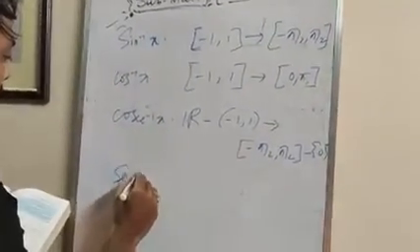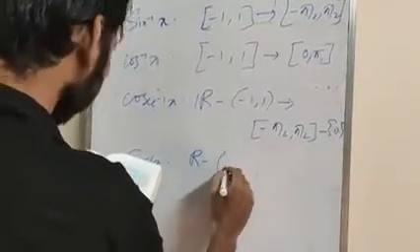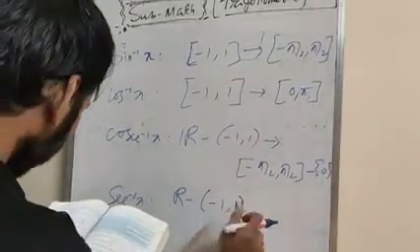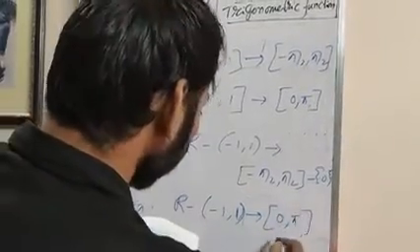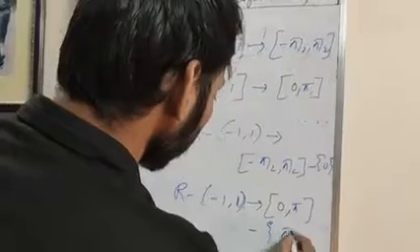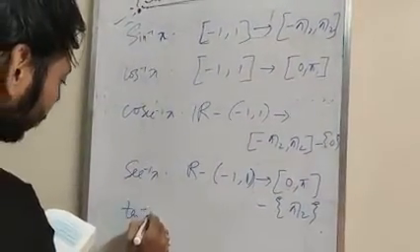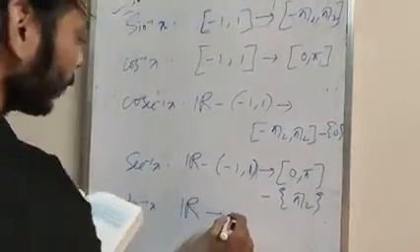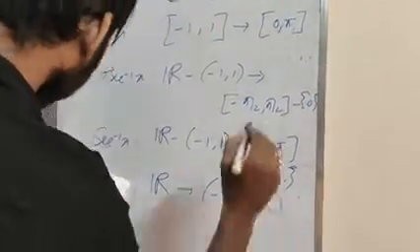Now for sec inverse x, just like cosec inverse x, it will be the real numbers minus the open interval minus 1 to 1, to the closed interval 0 to pi minus the singleton pi by 2. Tan inverse x is from the set of real numbers to the open interval minus pi by 2 to pi by 2.